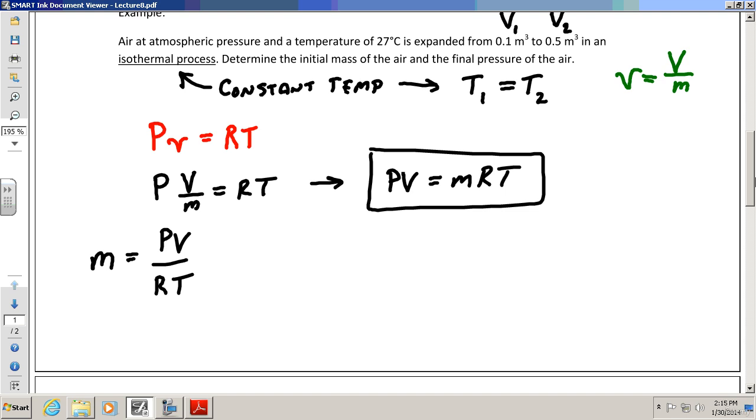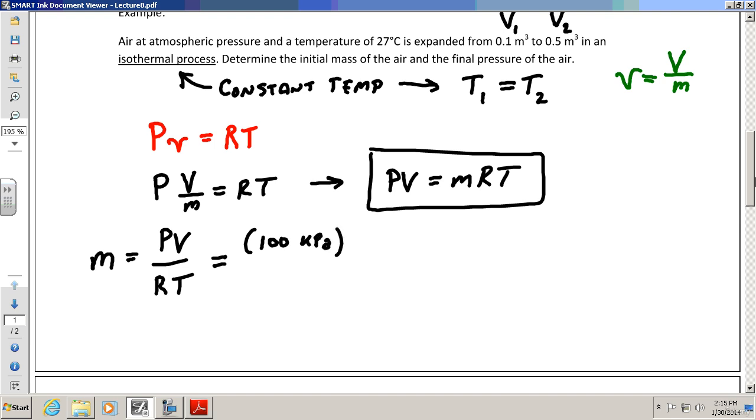So now I have to put in all my information here. What's my pressure? It says air at atmospheric pressure, right? So that's going to be basically 100 kilopascals, really 101. If it makes you feel better, write 101, but I'm going to just write 100.